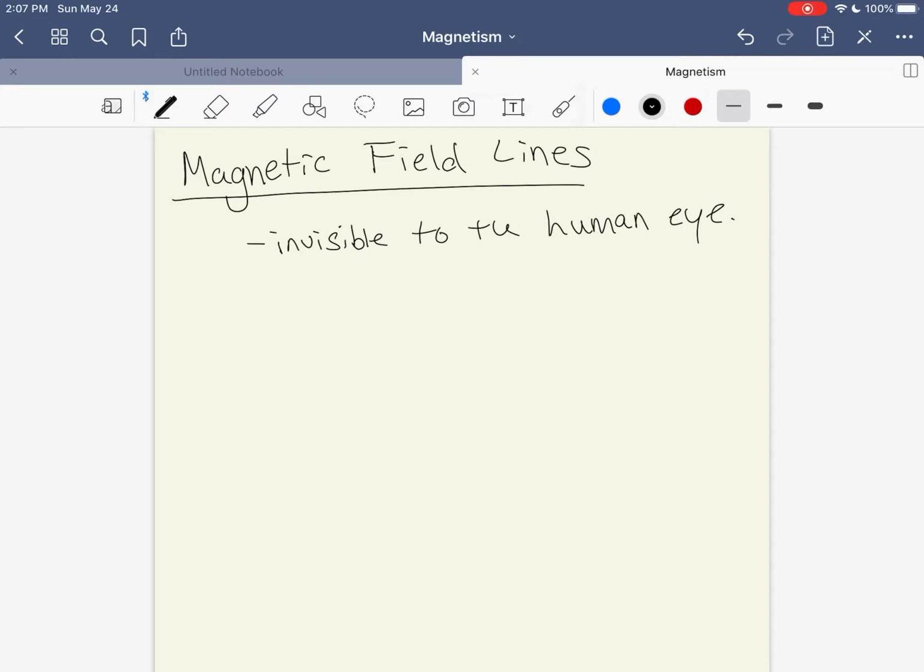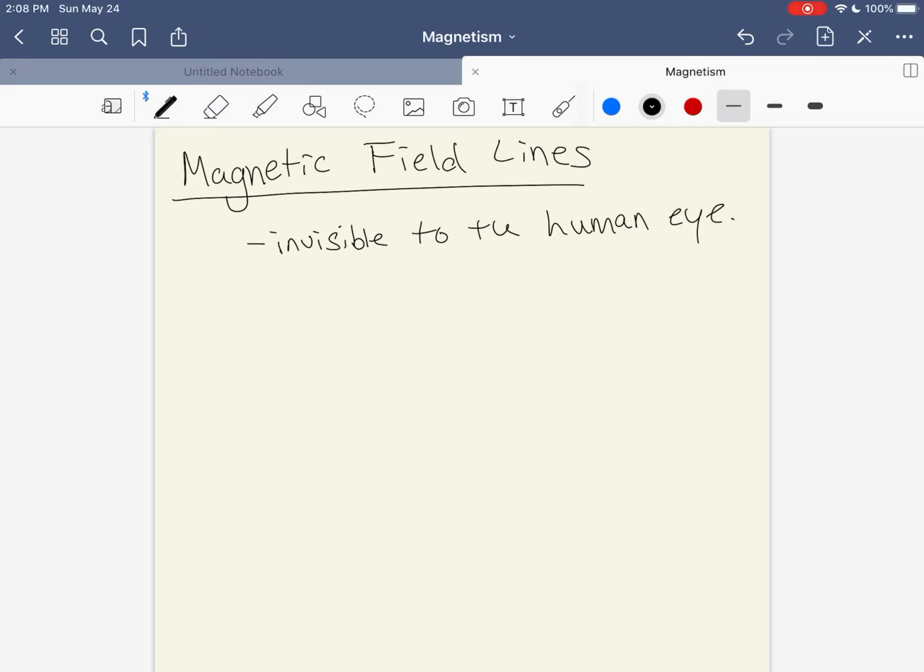Okay, but those magnetic field lines are creating the properties of a magnet that extend beyond its physical structure. And so it's why, for instance, when you bring a compass near a magnet, the compass starts to turn in weird directions.